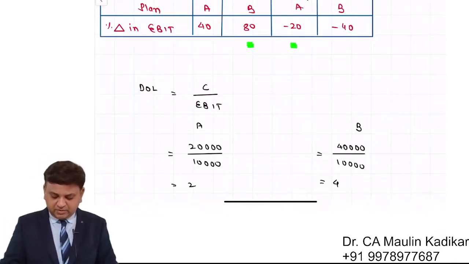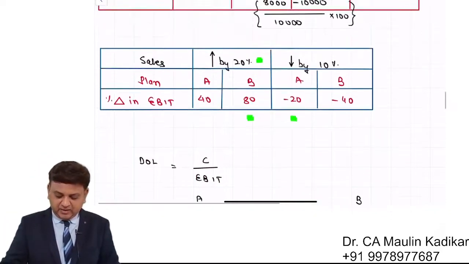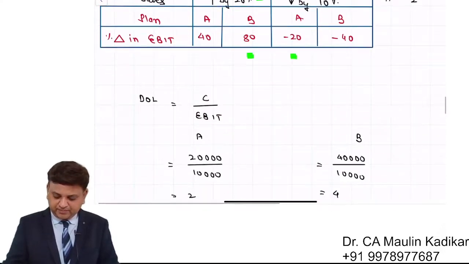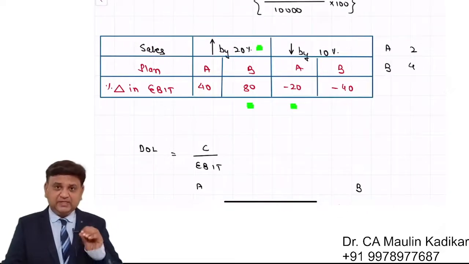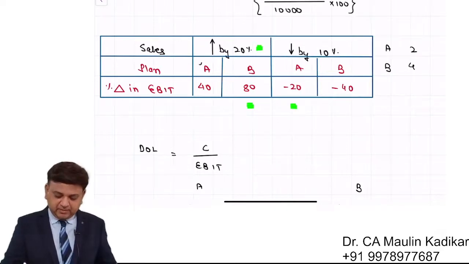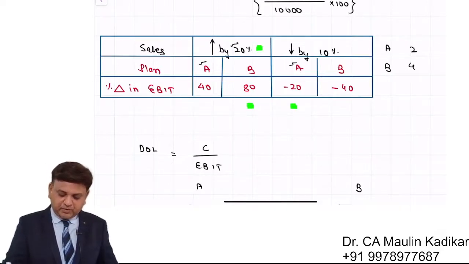See friends, over here for plan A we have computed DOL as 2, and for plan B DOL is computed as 4. So what will happen, listen carefully, focus on plan A. 20 into 2, this is 40%.